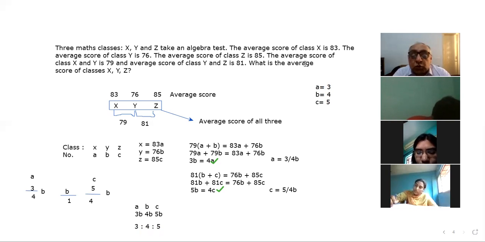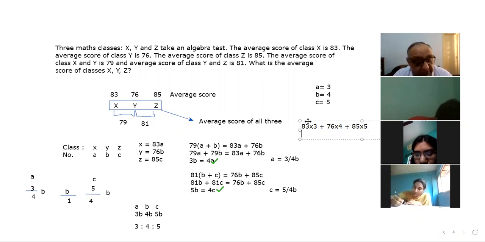Now the total score would be: the average of X class is 83 into the number of students 3, plus the second class, the average score is 76 multiplied by 4 students, and the third class average score is 85 with 5 students.